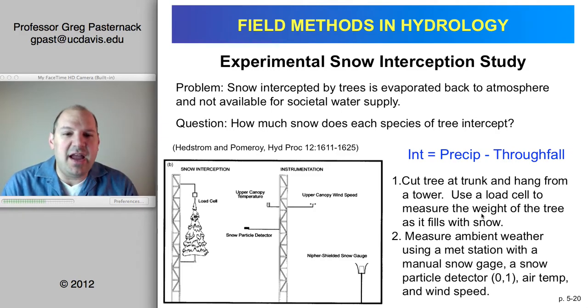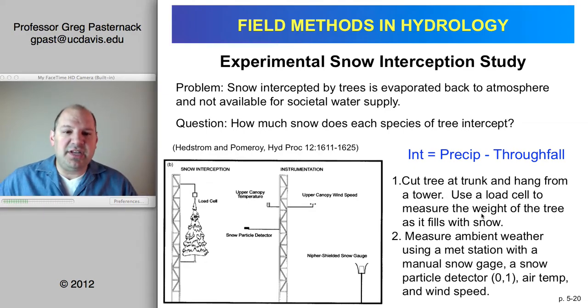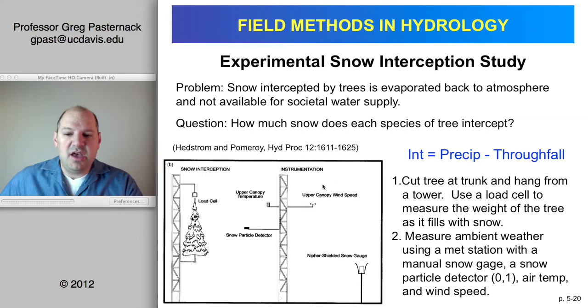Once you have the dry tree hanging, then you zero it because you're not interested in that. And you may even use springs to offset the weight because you don't care about the weight of the tree primarily. You care about ultimately the weight of the snow. So as snow is intercepted, you can get a time series that shows you the weight.